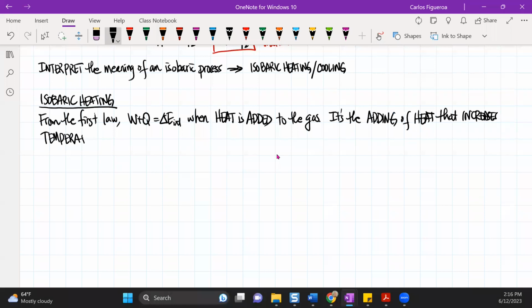But as we've said a couple of times already, this temperature is proportional to the change in microkinetic energy, which then tells us about the change in internal energy.